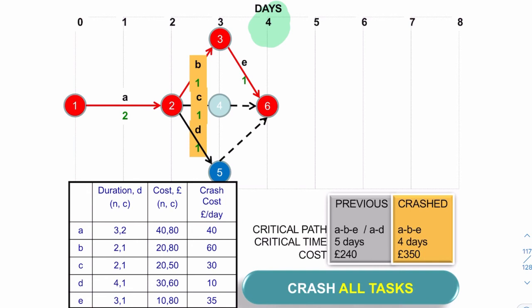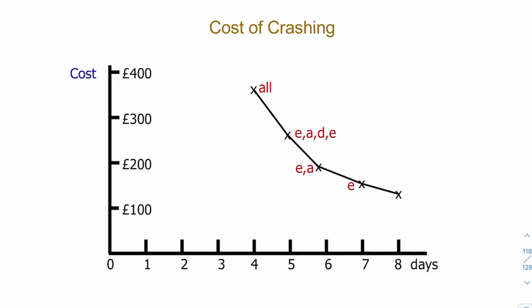So now if you put all of those costs and durations into a table or into a graph, you can now say, well, my original wedding was supposed to happen in 8 days and cost that much. By crashing one task, it cost me a little bit more.